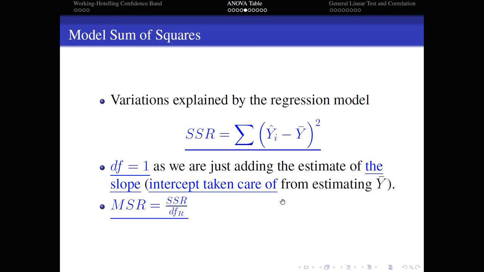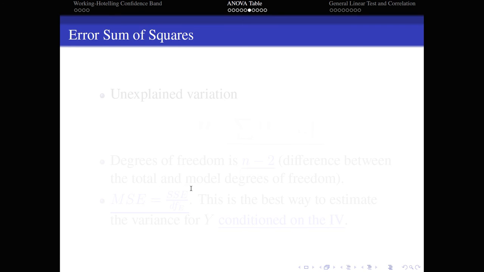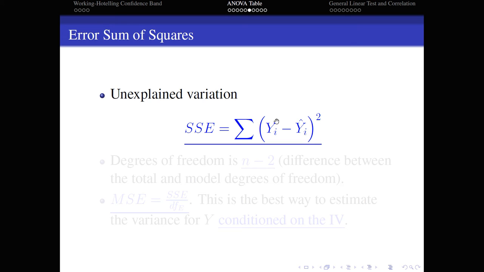The mean squares of regression is the sum of squares regression divided by the degrees of freedom regression, which again, in this case, when we're just adding a single parameter, is going to be 1. Note that if we had multiple independent variables, this degrees of freedom will change. Now the error sums of squares is what's not explained. This is the distance between what's observed and what was predicted.